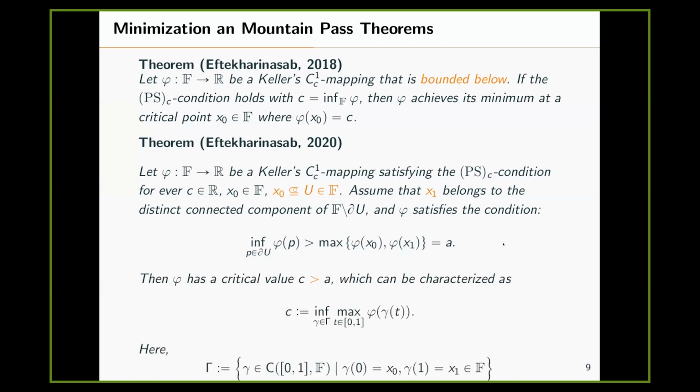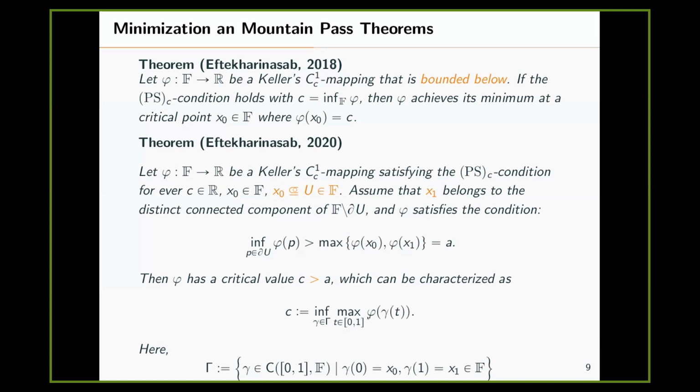Then this theorem guarantees the existence of a critical point with value c, which is greater than both of these two values. And this is very significant, that c is strictly greater than a. That's very significant in our proof. This critical point is obtained by a minimax process.